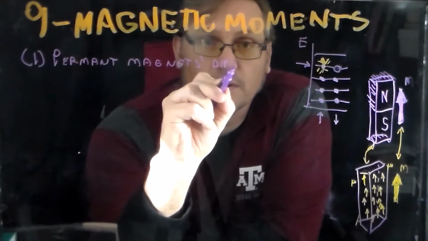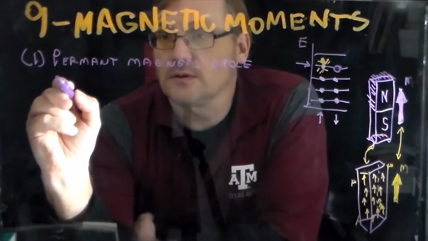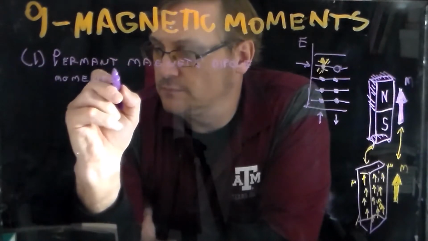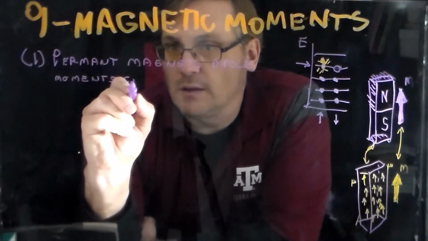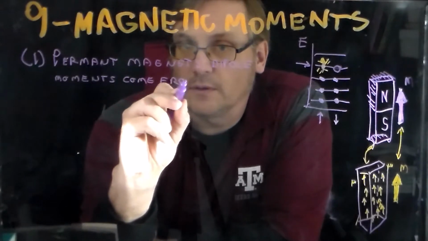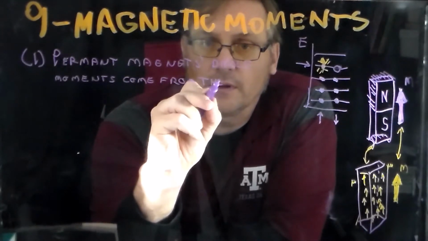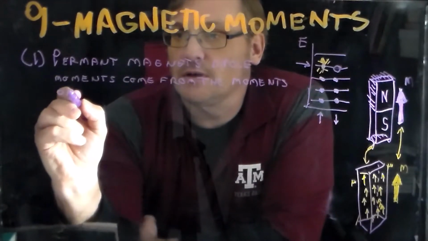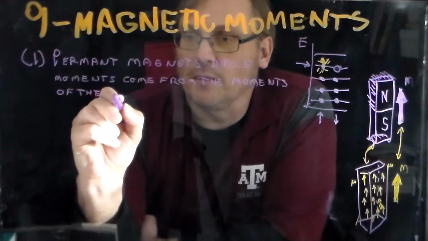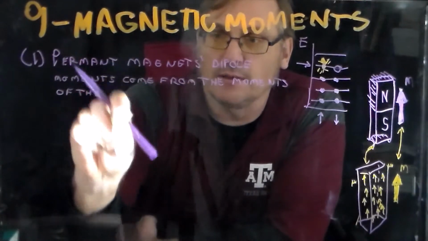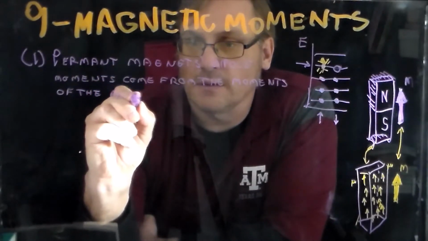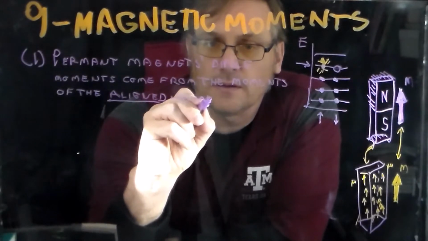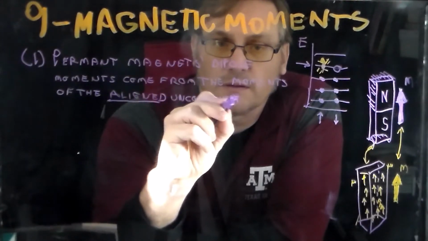Dipole moments come from the moments of the elementary or the aligned uncompensated electrons.